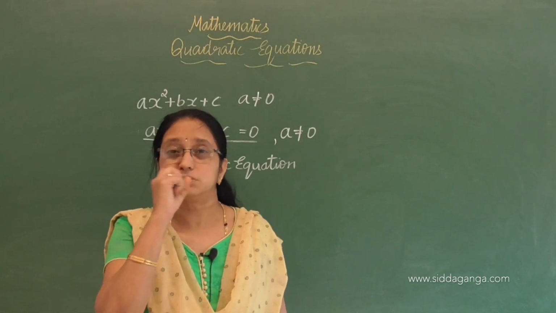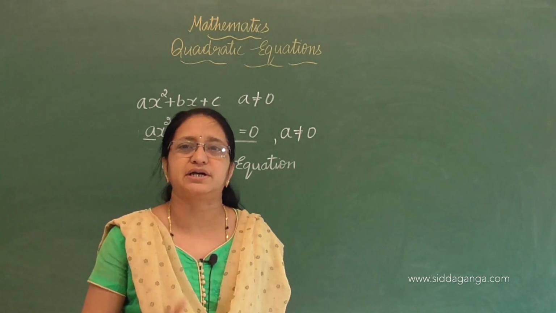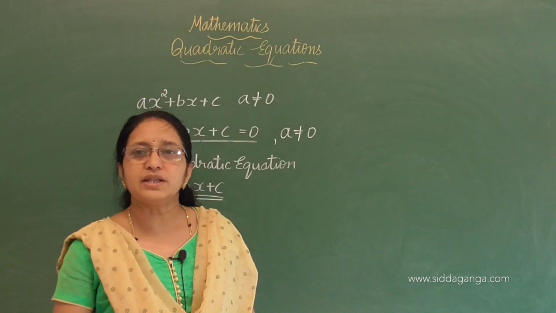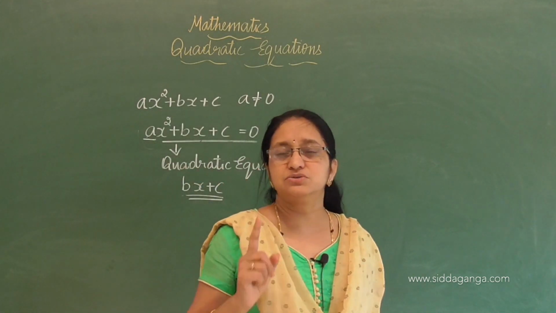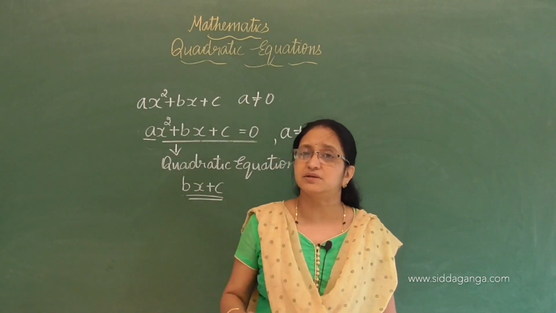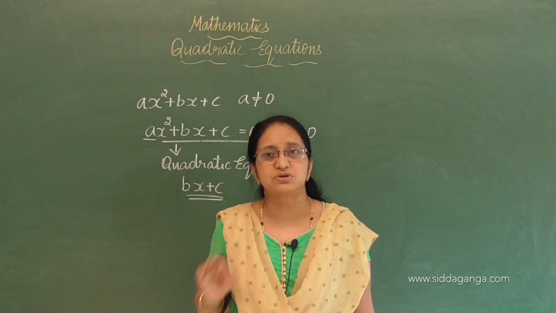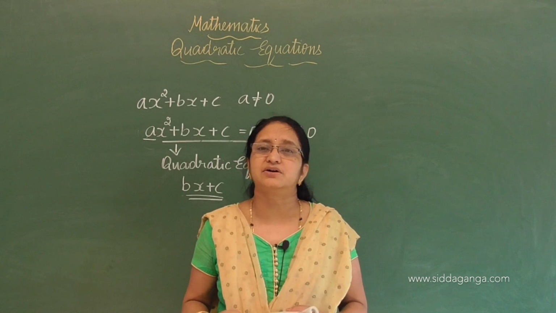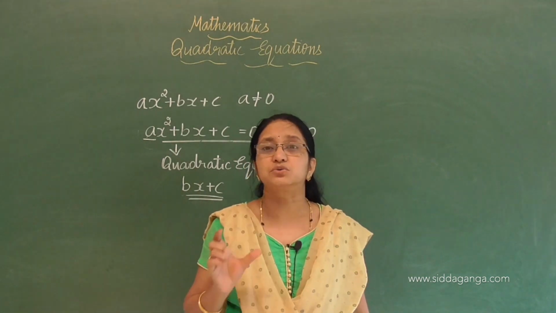Just now I told you that to find the solution there are 3 types, and one is using the quadratic formula. That quadratic formula is also called the Sridharacharya formula or Sridharacharya rule.